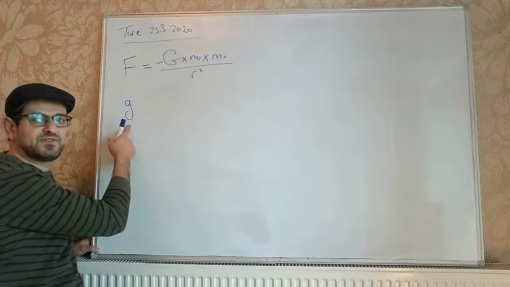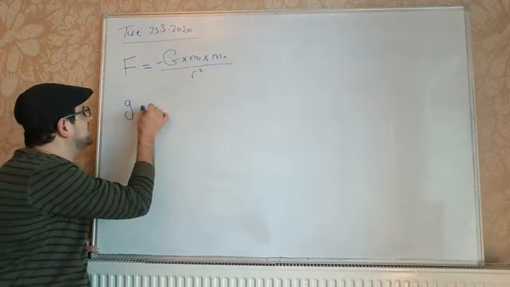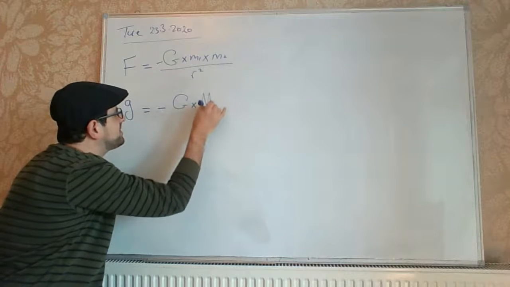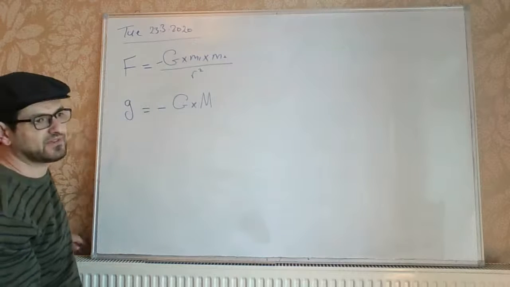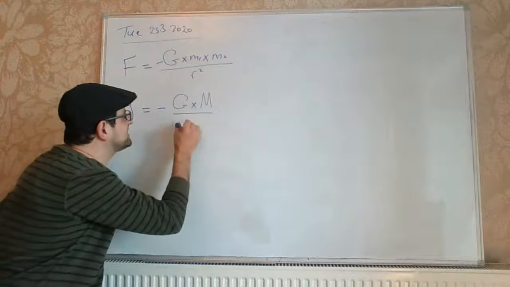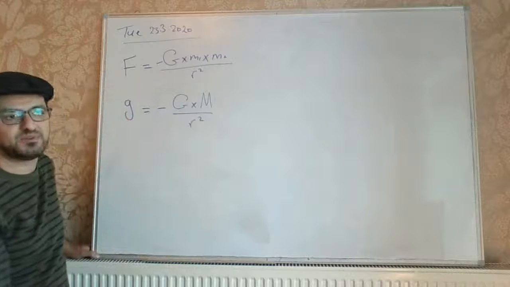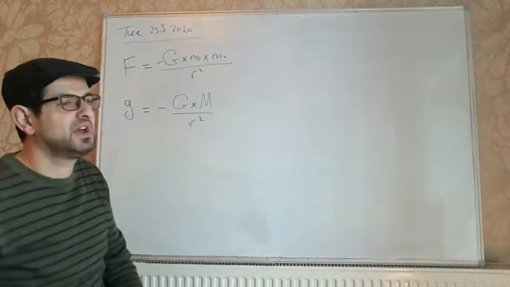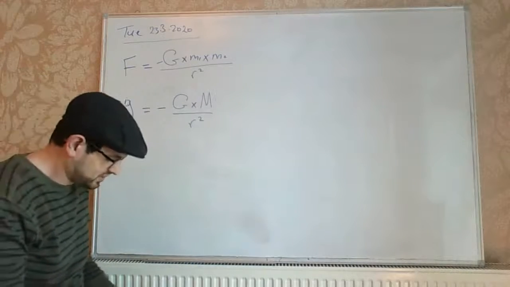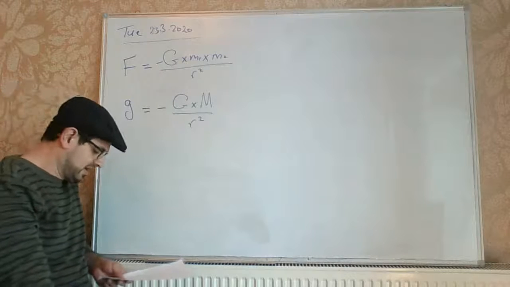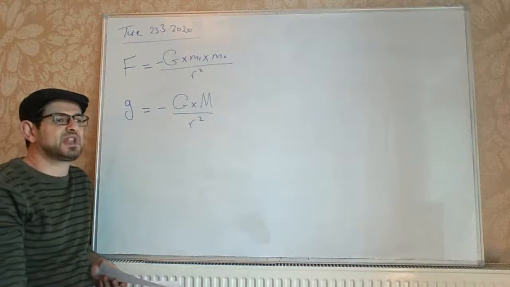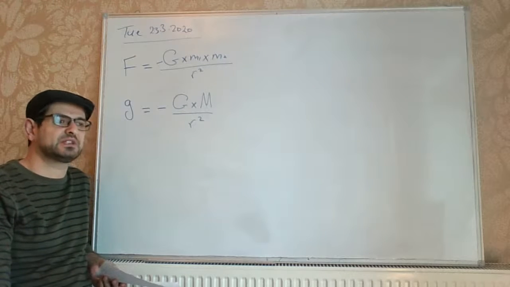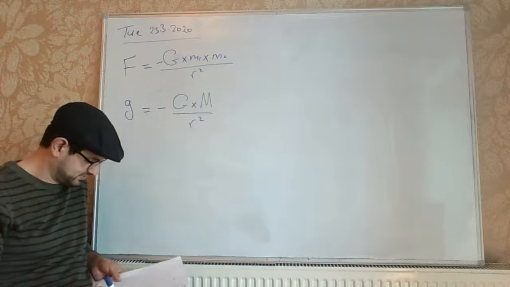G, the gravitational field strength at a point, is given by negative, which means attraction, G times the mass of the planet that we are trying to find the gravitational field strength of, over the distance squared between the planet and that point. The gravitational field strength is radial, which means it acts like a radius of a circle, and it's always attraction, there is no repulsion.